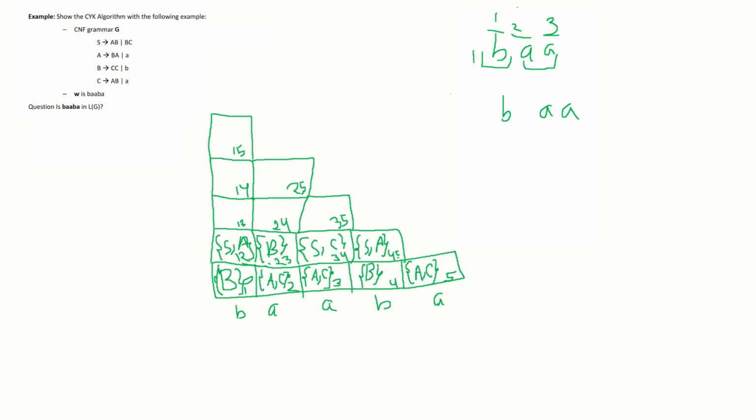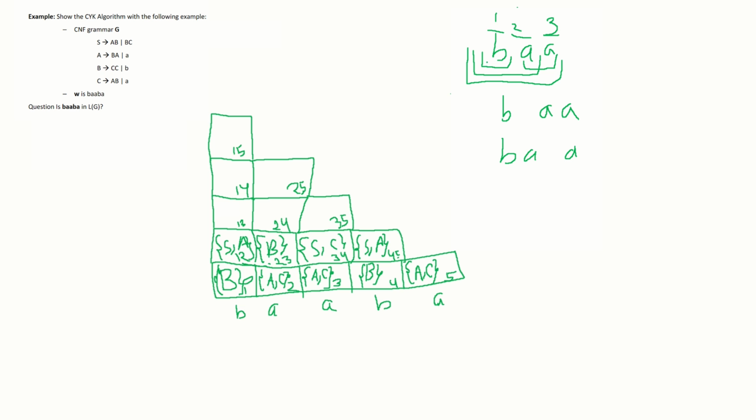Then we can also break it by taking first BA and then the rest, A. If we move forward one step more, we would get the whole substring BAA, but we want to make this BAA, so we won't take it. So these are our two combinations.